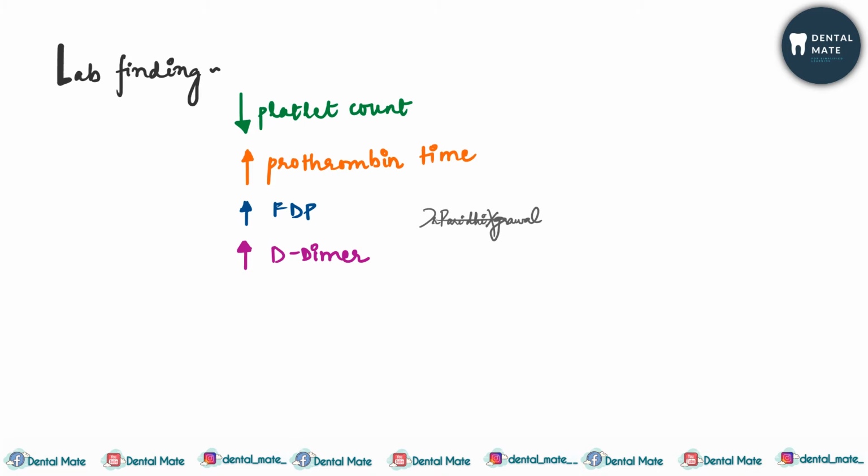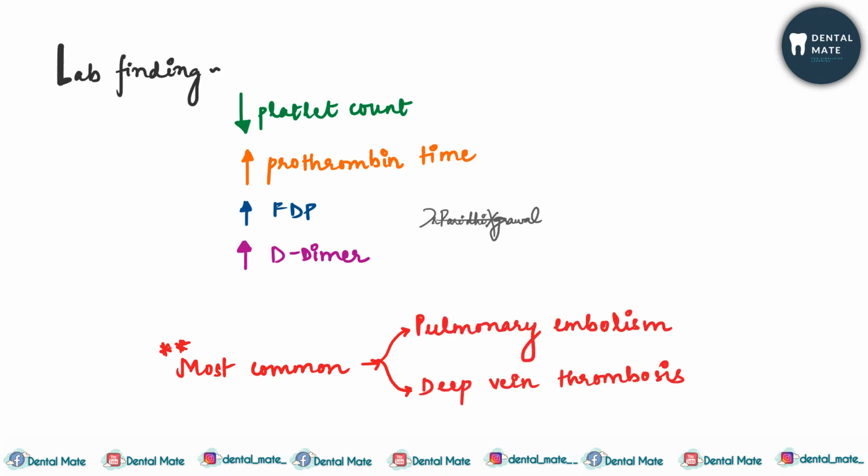When there is fibrinolysis, degradation of the blood clot, then D-dimer is formed. The most common thrombotic complications of COVID-19 disease are pulmonary embolism and deep vein thrombosis.